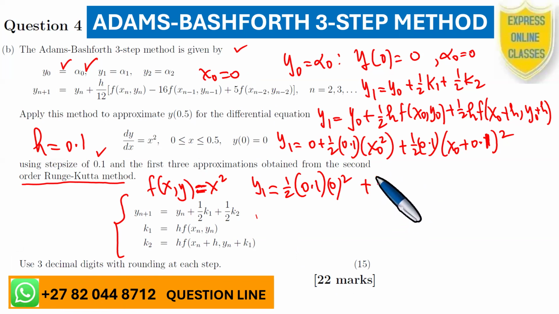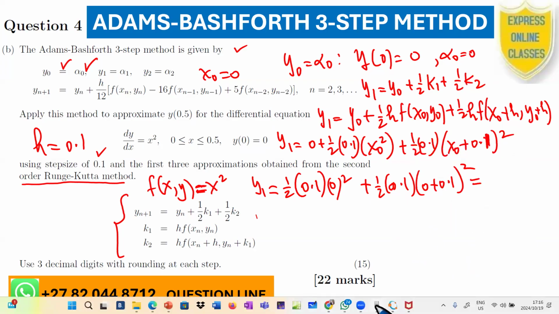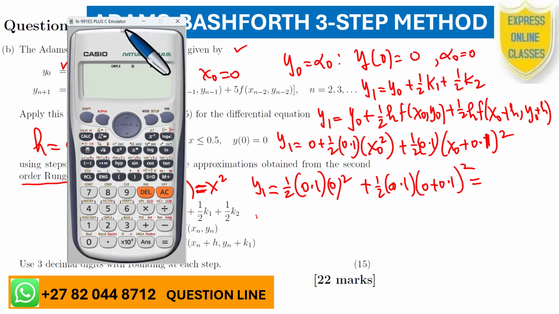And then we have 1/2 times 0.1 times x0, and x0 is 0. So now we have the following.